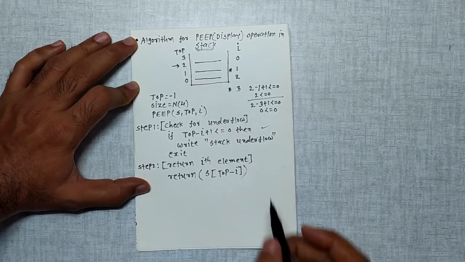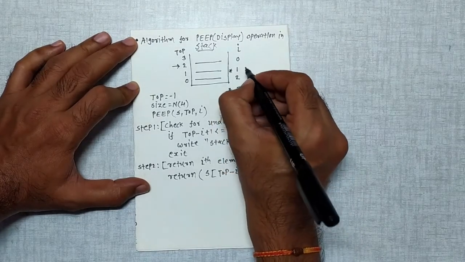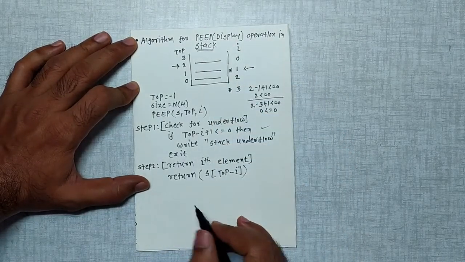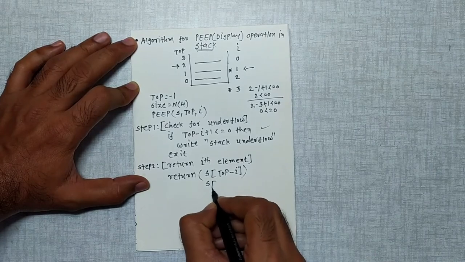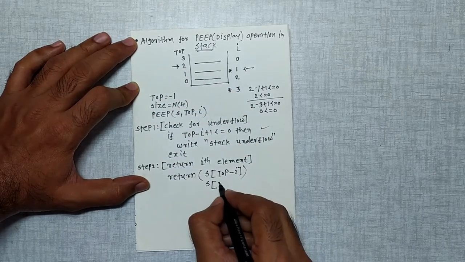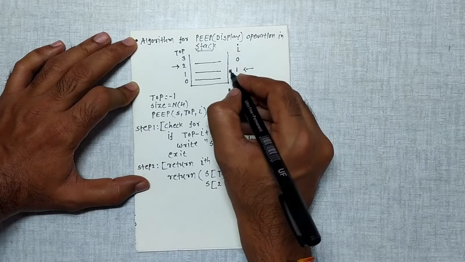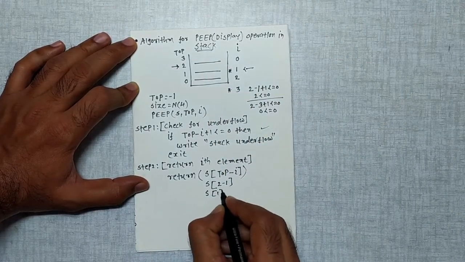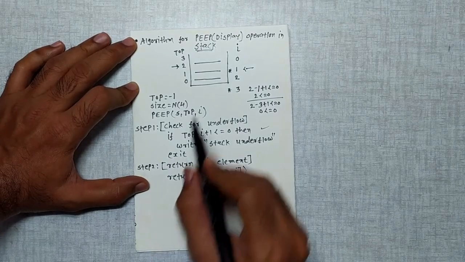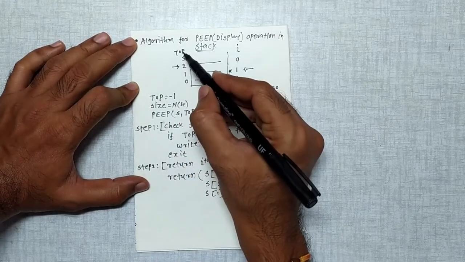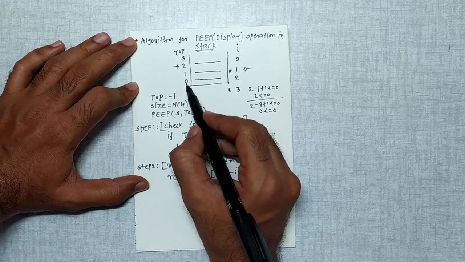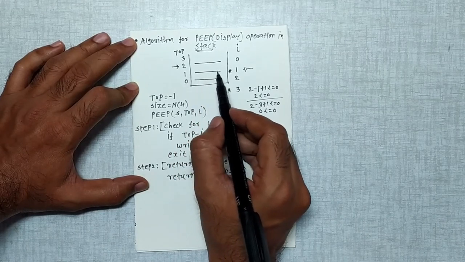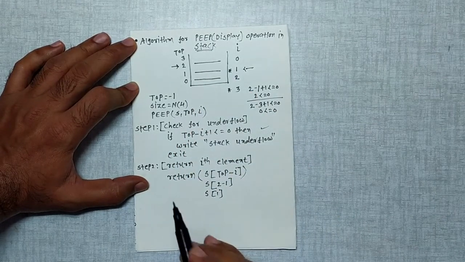How will this work? If I want to fetch the element at position 1, the value of top is 2, minus i, where i is 1, so 2 minus 1, so s of 1. So your first element will be fetched or displayed here.